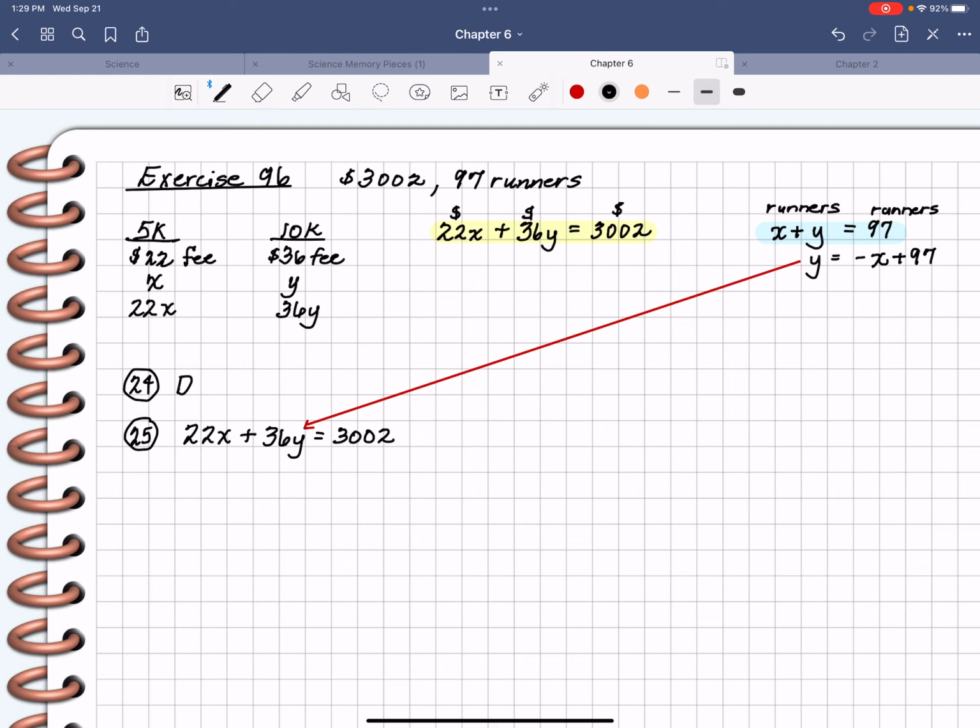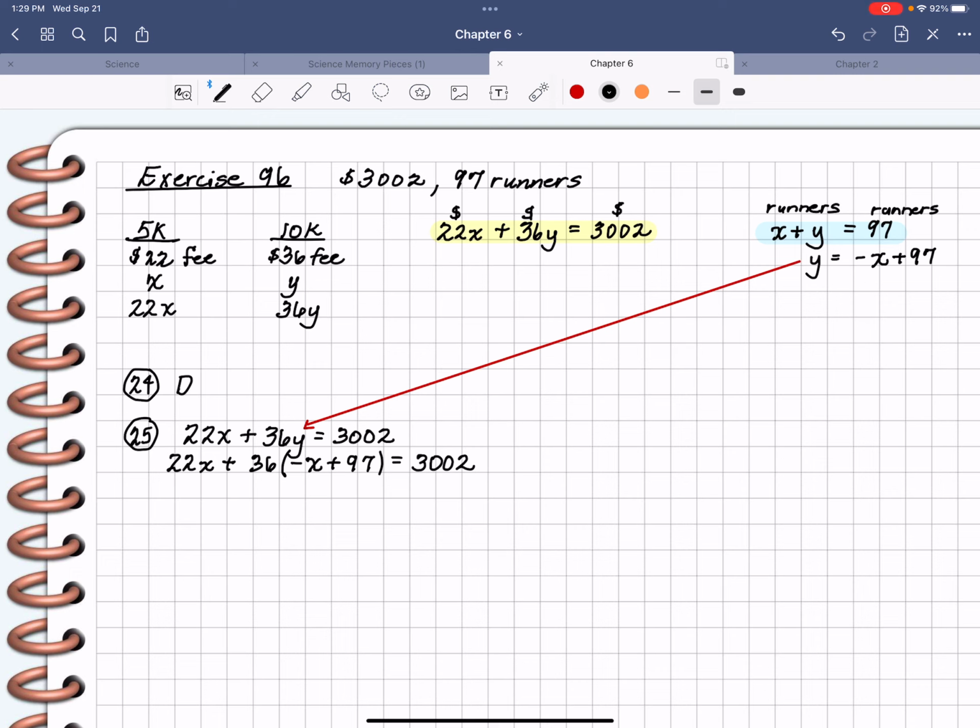So I will say 22x plus 36 times negative x plus 97 equals 3002. Now you could solve it with the elimination method if you wanted.